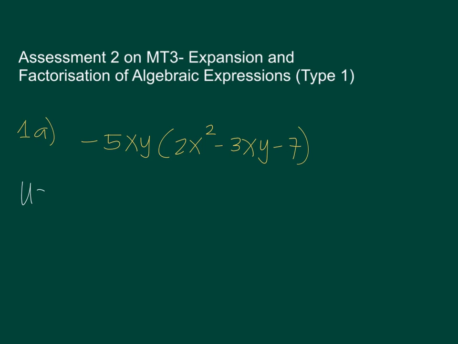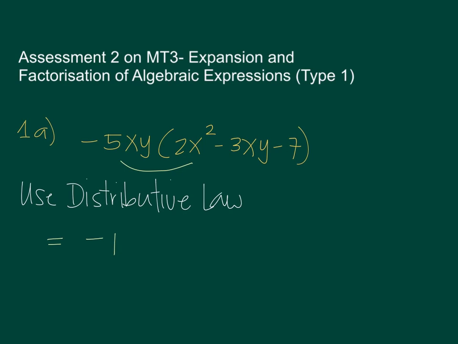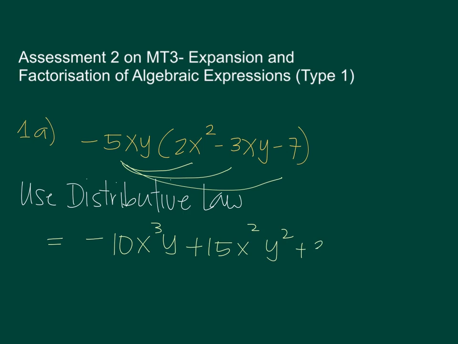So we simply distribute by multiplication, so that equals negative 10x cubed y, and then on the second, plus 15x squared y squared, and finally plus 35xy.